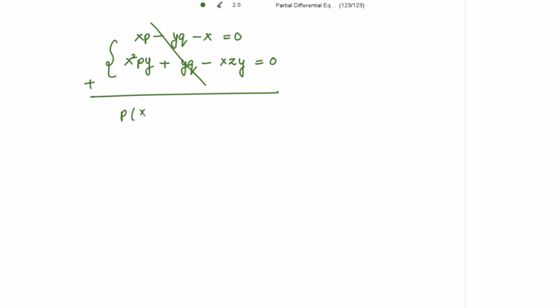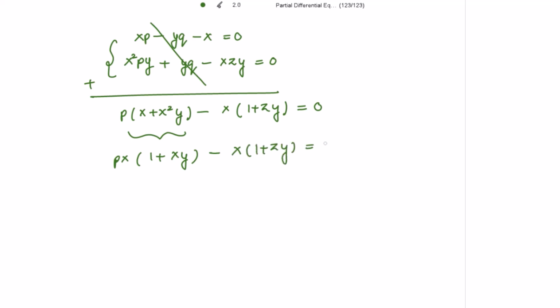We get p into x plus x square y minus x into 1 plus zy equals 0. I can take x common from this. So this is px into 1 plus xy minus x into 1 plus zy equals 0. Dividing both sides by x, we get p into 1 plus xy equals 1 plus zy, so the value of p is 1 plus zy divided by 1 plus xy.